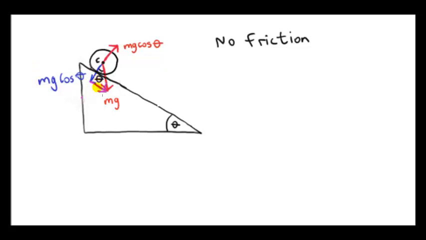It's opposite theta in this right angle triangle. So this vector is mg sin theta, and that's actually the resultant force on the disk. So the resultant force is parallel to this incline. Its magnitude is mg sin theta, and of course we can see the direction is obviously down the incline.